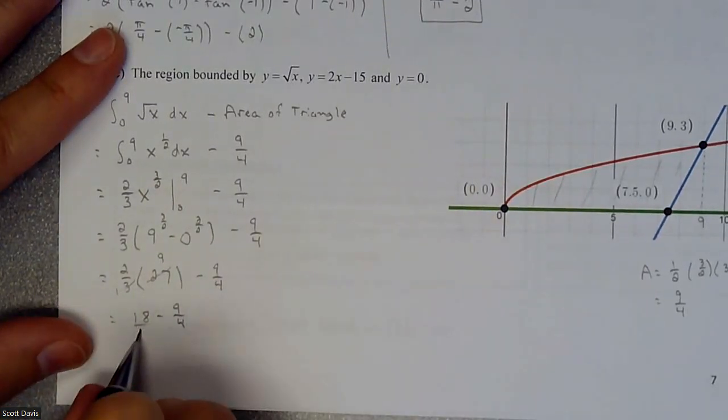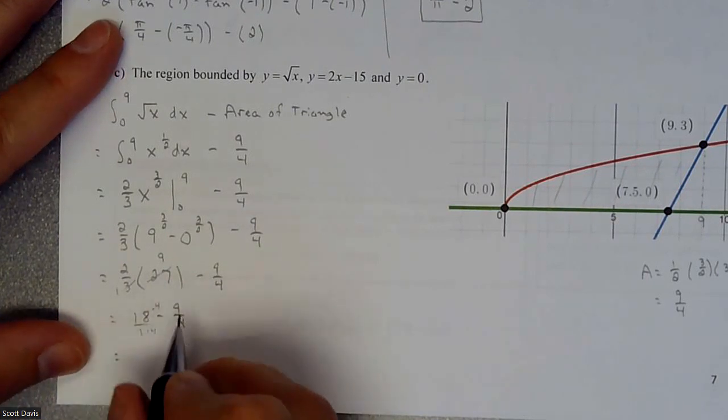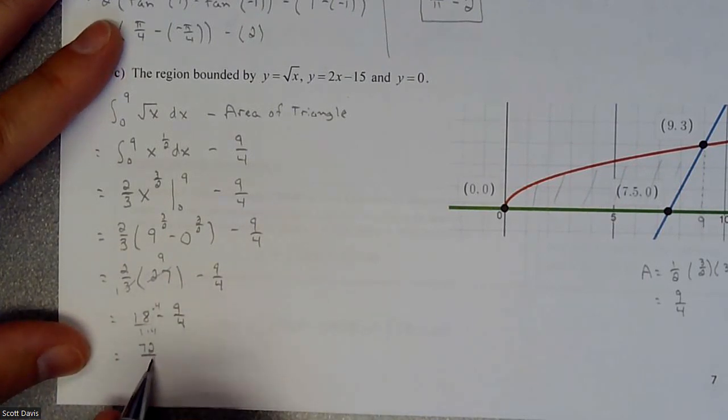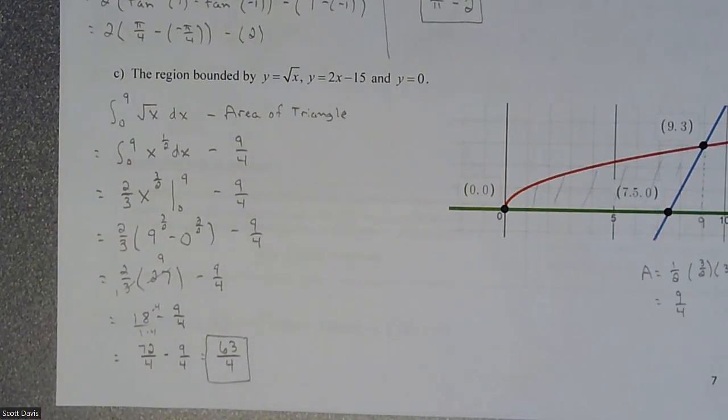And so if I make this over a 1, we're looking at multiplying it by 4, multiplying it by 4. That's 72/4 minus 9/4. And 72 minus 9 is 63. So 63/4, and that is our area under that curve.